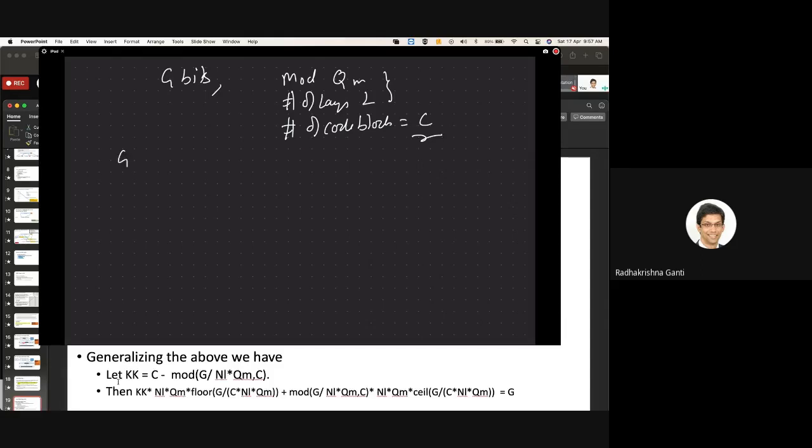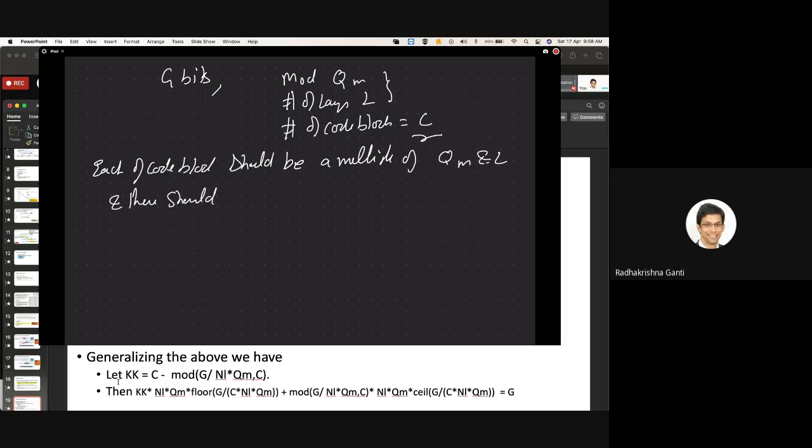You require G bits. So what are the constraints? The length of each code block should be a multiple of QM and NL.